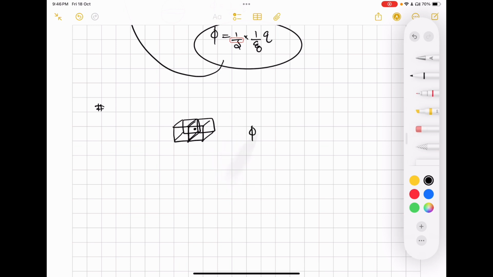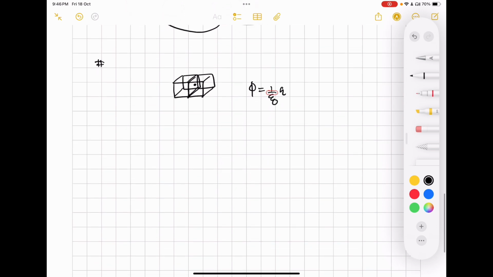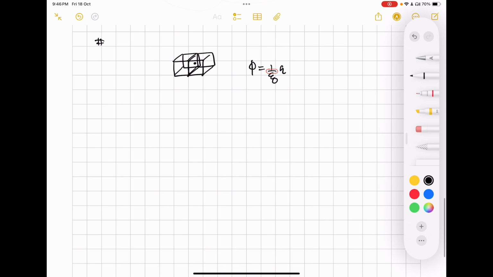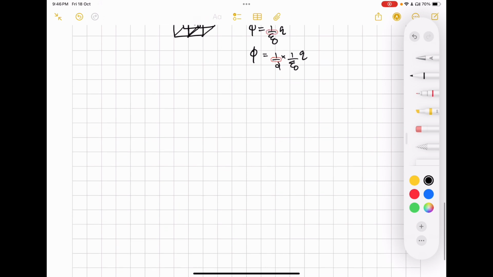Then the flux phi through the surface will be 1 by epsilon 0 q net. Since we need two cubes to completely enclose the charge, the flux through one cube is equal to 1 by 2 times 1 by epsilon 0 q net, right?